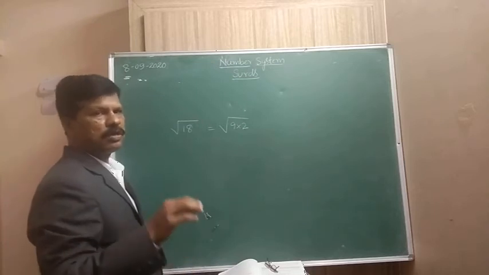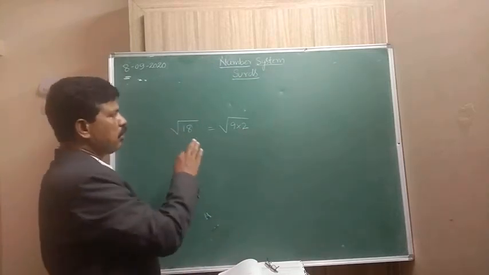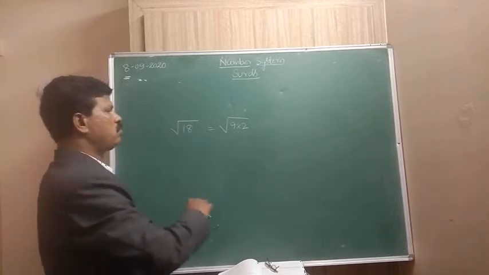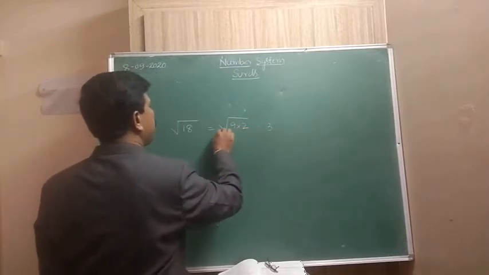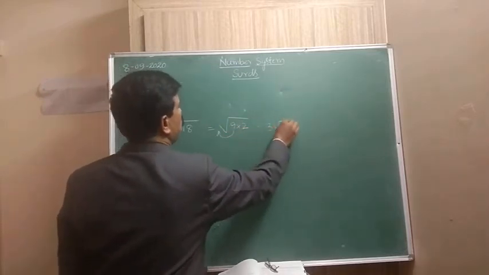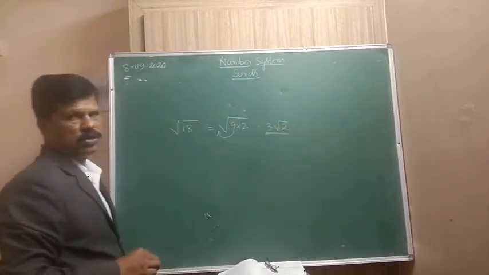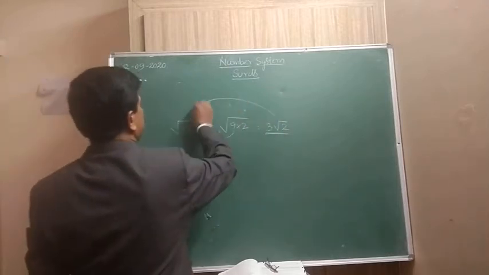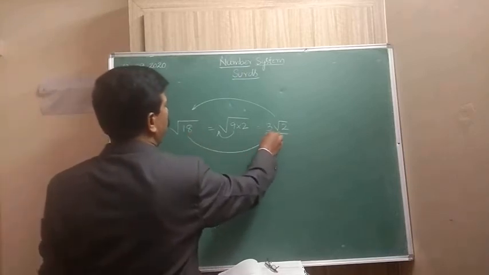So converting a given surd into its simplest form means removing a perfect square number from inside to outside. So square root of 9 is 3, then 2 doesn't have a square root, so you write this as 3 root 2. This is the simplest form of this. Okay, and this is the standard form of this.